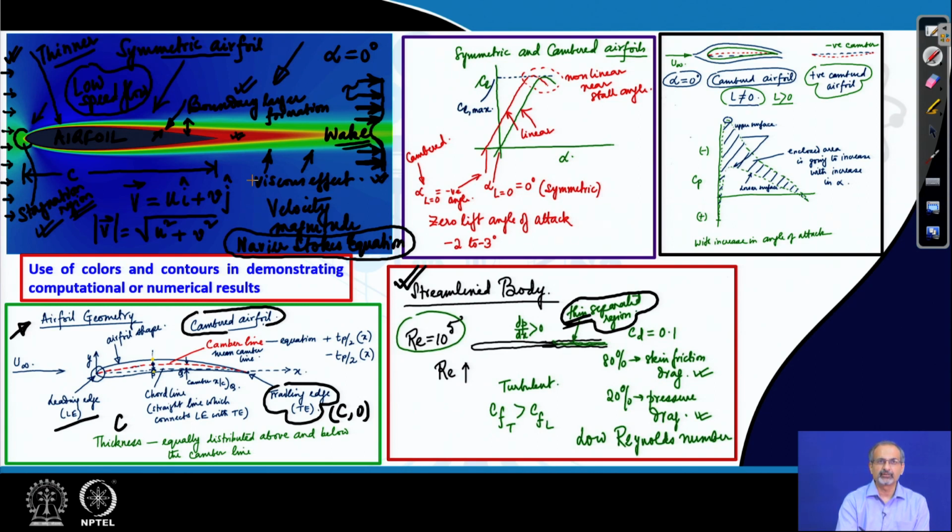Another way of looking at drag is to integrate the pressure and the shear stress distribution, and thereby find out the axial force component. And here, since alpha is 0, the axial force component will give you the drag. So, both ways you should be able to compute it, but if you are just given this plot and no other data, then possibly you cannot guess what the pressure and skin friction distribution is like.